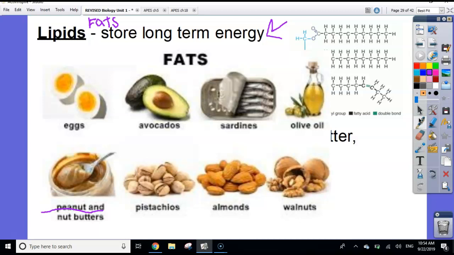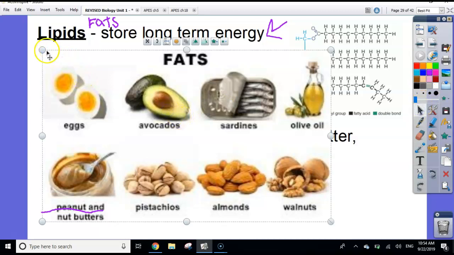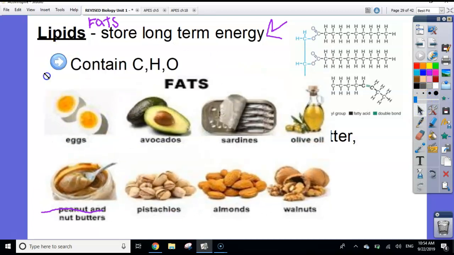And when it stores it as fat, it can actually use it later on if you are starving, right? So if there was a famine, and we had a shortage of food, the people who have more fat are going to survive a lot longer because they've got a lot of extra energy stored in the shape of fat.